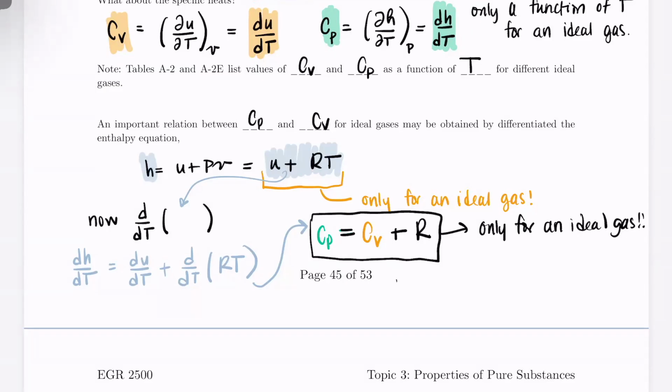So R is equal to Cp minus Cv, and this must be a constant that is greater than 0. Okay, so that means that R, Cp, and Cv are related in this way. Cp is always greater than Cv.